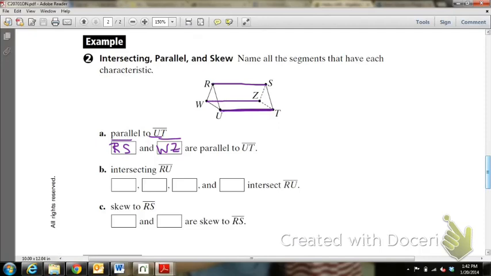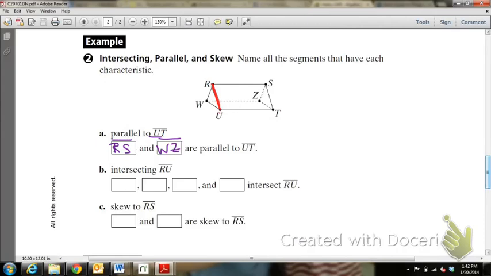Okay, now what about intersecting? I'm going to erase that so I can draw on it again. Okay, new color. Okay, intersecting RU. Remember, intersecting means touch. So there's a bunch of options here. Everybody who touches either of these endpoints at RU.